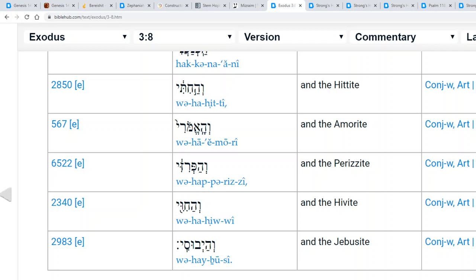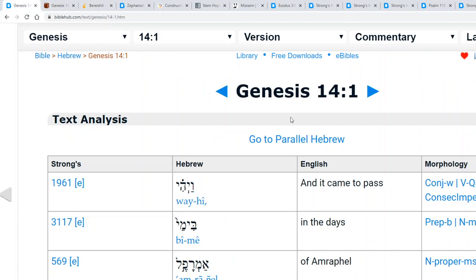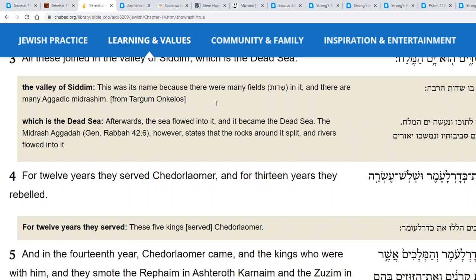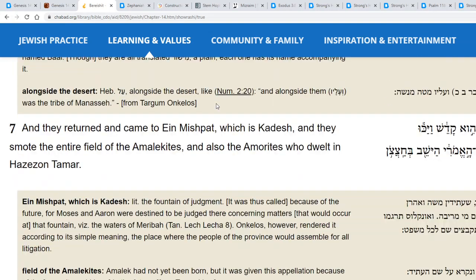So again, Amor or Amora, right? Sodom and Gomorrah, is that with an aleph or an ayin? We will actually see, because we're going to be talking about Sodom and Gomorrah in chapter 14, which we're getting to.